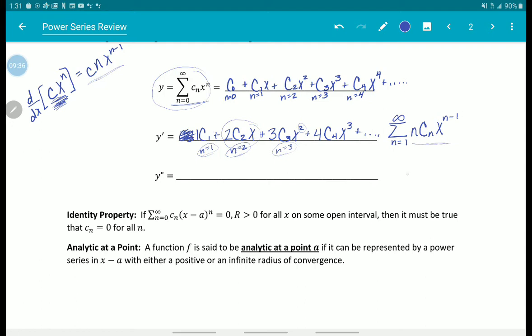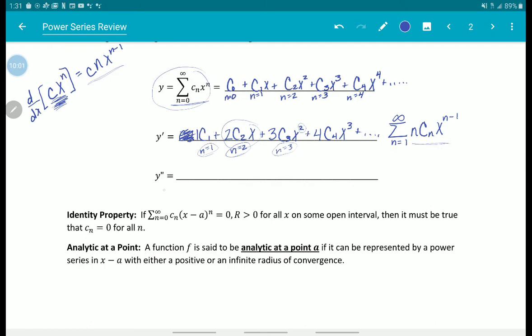Now, we could, and we'll talk about this in a few minutes, but we could change this and tweak this. So instead of starting with n as 1, we could start with n as 0 or n as 2. We could change that index. And like I said, in a few minutes, we'll talk about how that change of moving that index will affect what happens inside of that summation.